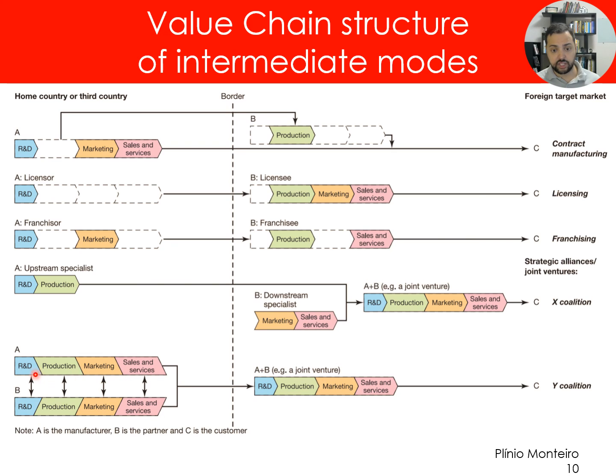And in these exchanges, they join forces to operate in the foreign market. In that case, both companies are located in the home country or in another country, and they join together to explore a third foreign market. This is this kind of coalition.